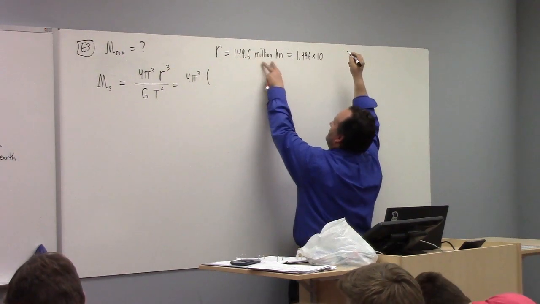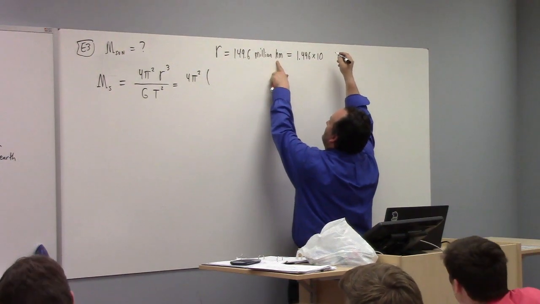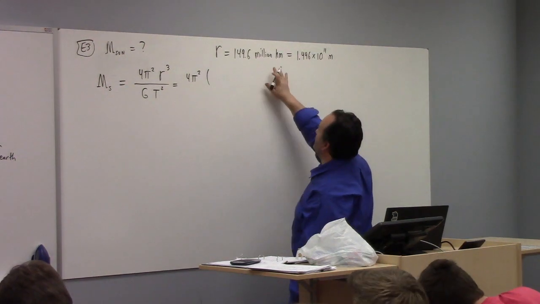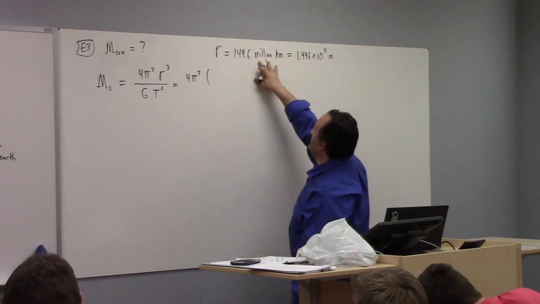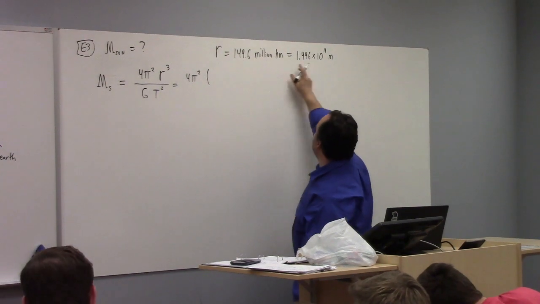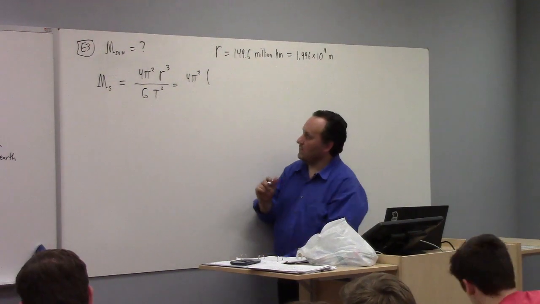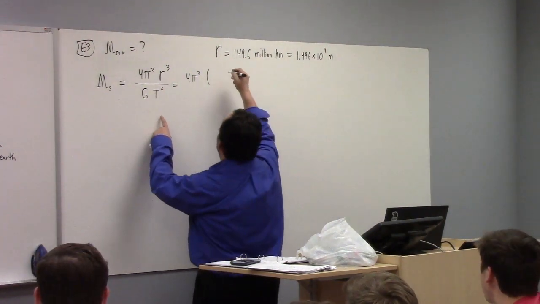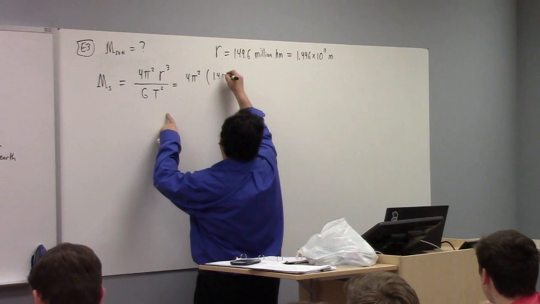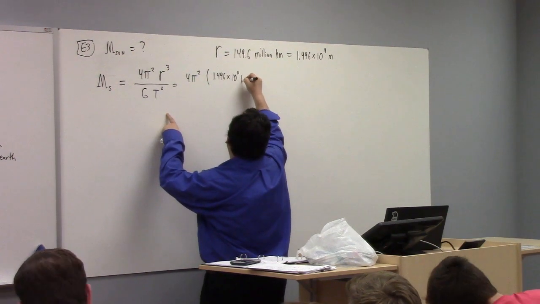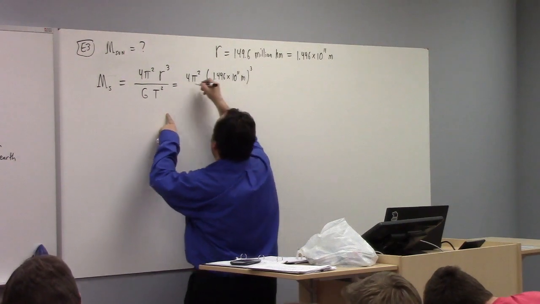This is 6, this is 3. 11, yeah, I think that's right. Because that's a 10 to the 3, that's a 10 to the 6, that's a 9. I moved it to 11, yeah. Okay, so, whoa, yowzers. So 1.496 times 10 to the 11 meters, that's kind of big, isn't it? We've got to cube that thing.